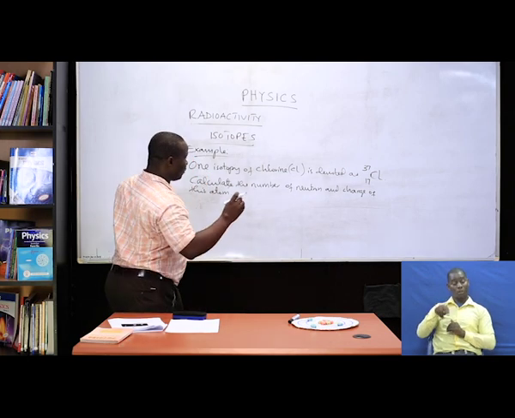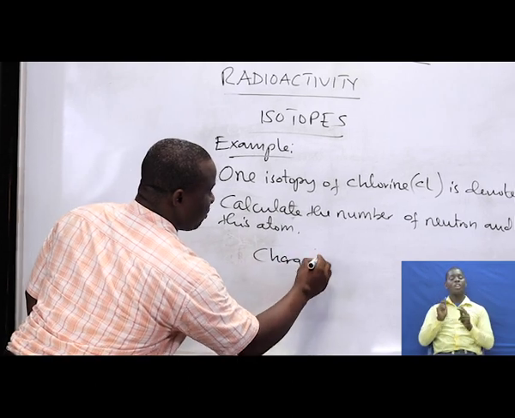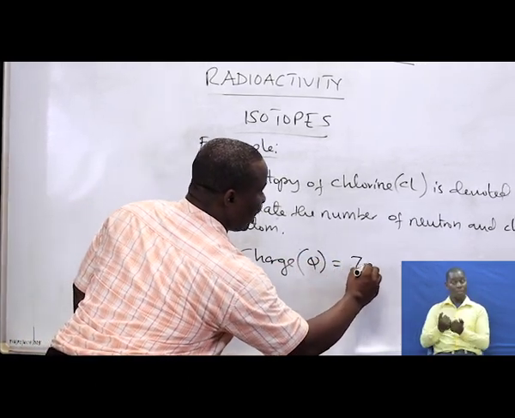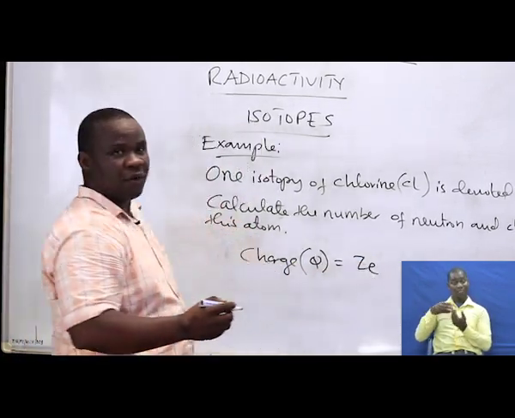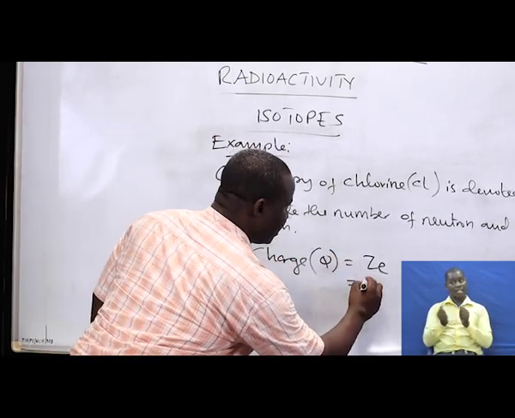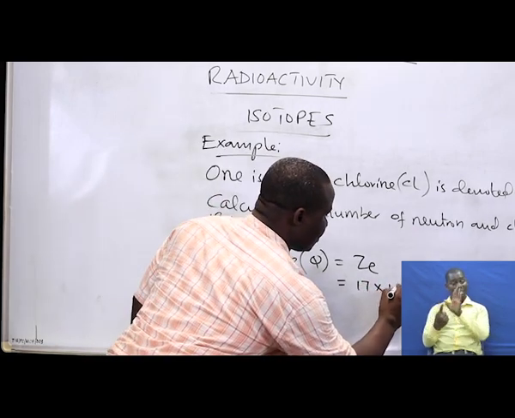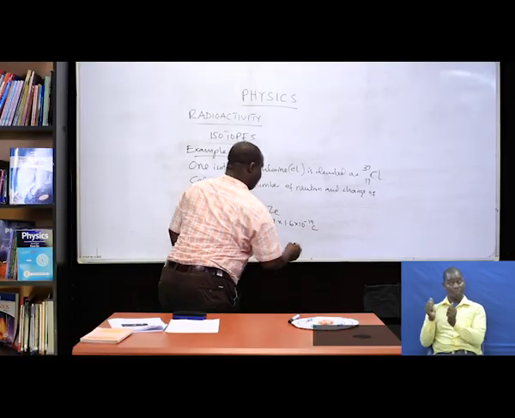And this we can now write: the charge, normally we denote it by capital letter Q, equals ZE according to the formula we have. And this E is a constant, every one of us knows it. Then you take it, that is 17 times 1.6 times 10 power negative 19 coulomb.